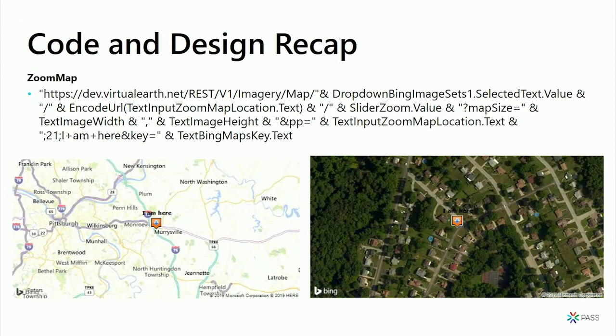This is just in case I ran into demo issues, which I actually did, but fortunately I was able to get into the design interface on the desktop without going through the phone. But this was a code recap to show the actual elongated string that's built to call the API, and then some images to show you the capabilities of the different aerial coverages that you can provide.